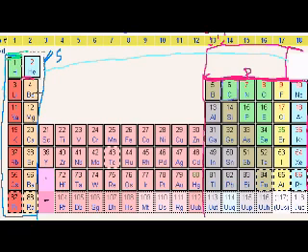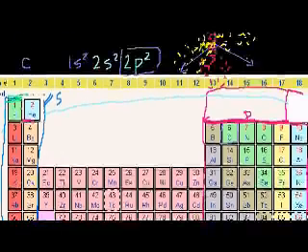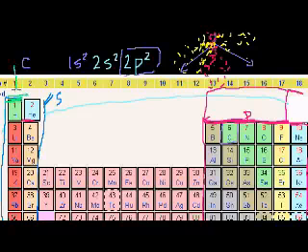So helium's configuration is 1s1, then 1s2. We're in the first energy shell. So the configuration of hydrogen is 1s1. You only have one electron in the s subshell of the first energy shell.